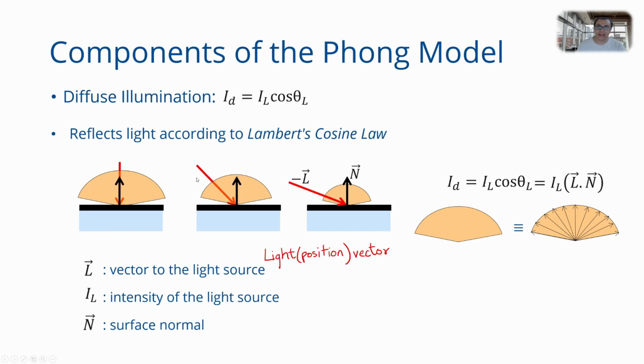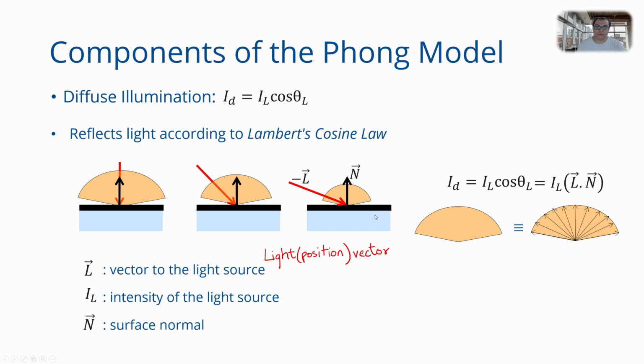As the angle the light vector makes with the normal increases, the radius of this envelope goes on decreasing. So the envelope actually represents all these rays. These rays are all the directions in which light is being reflected. So a diffuse surface is reflecting light in all possible directions. Hence this envelope is like a hemisphere.